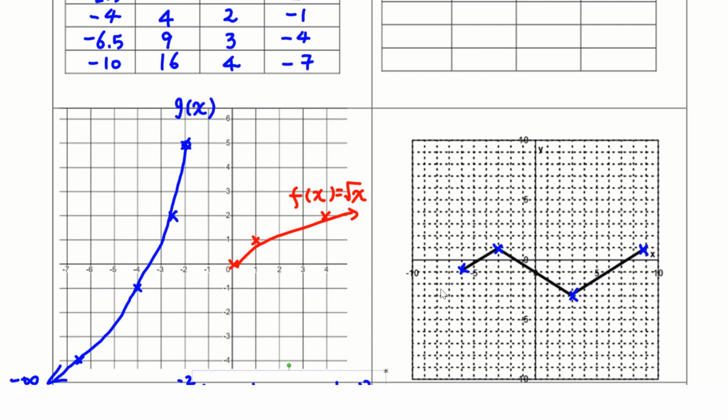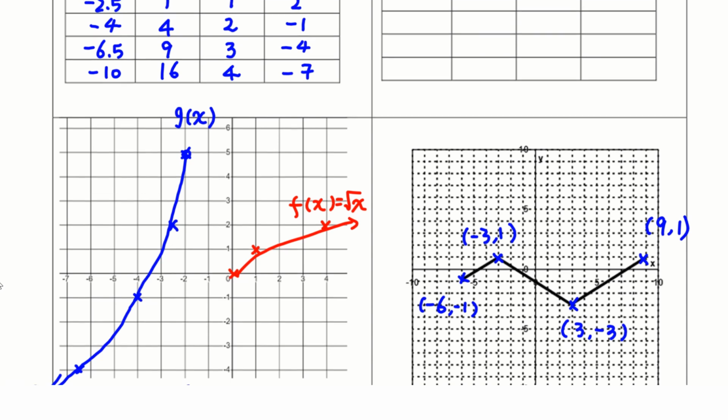So we have this point is (-6, -1), and this point is (-3, 1). This point is (3, -3). This point is (9, 1). So based on moving these 4 points around, you will have a new graph.